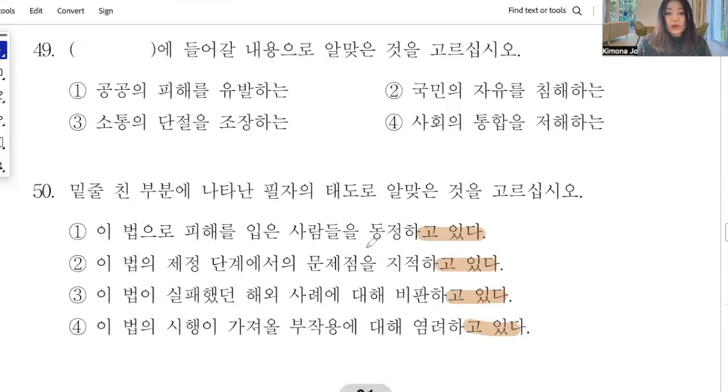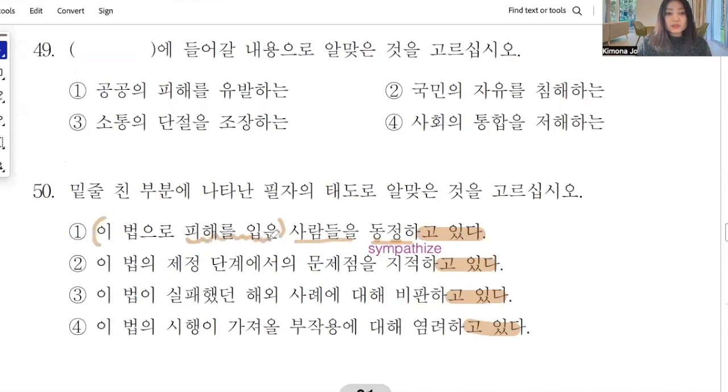So, 동정하고 있다. 동 means together. 정 means feeling. 동정하다, to have the same feeling. Sympathize. So he is sympathizing the people who were victimized through this law.